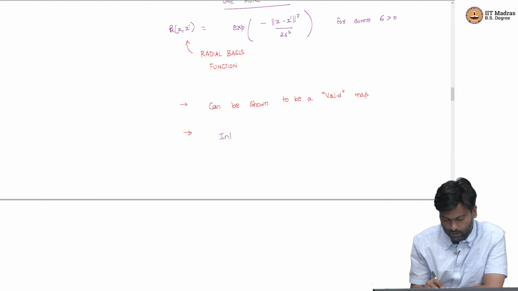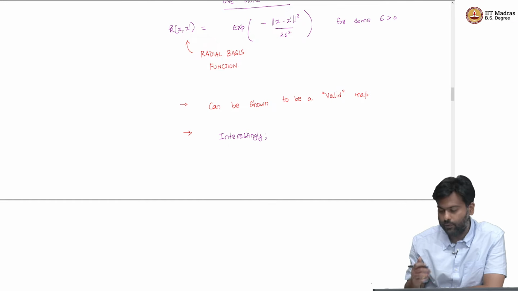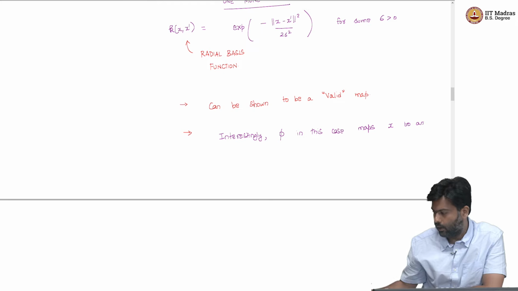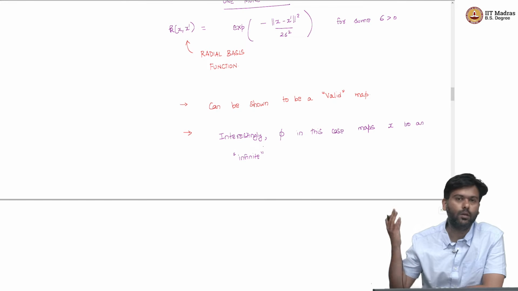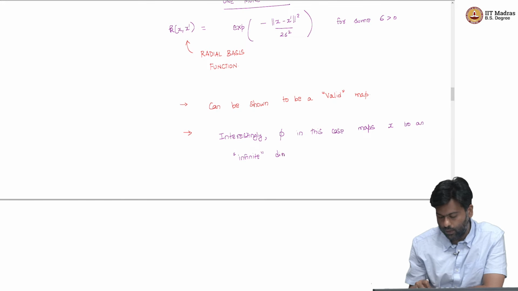Interestingly, if you think about this, you might be able to see why this makes sense. Phi in this case maps x to an infinite dimensional space, right. So, the higher dimension that we are talking about here is actually infinite dimension, right.